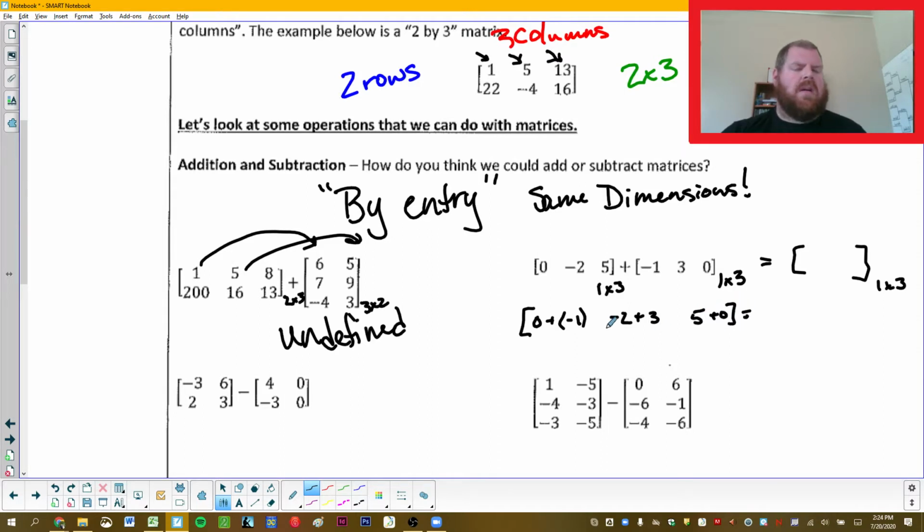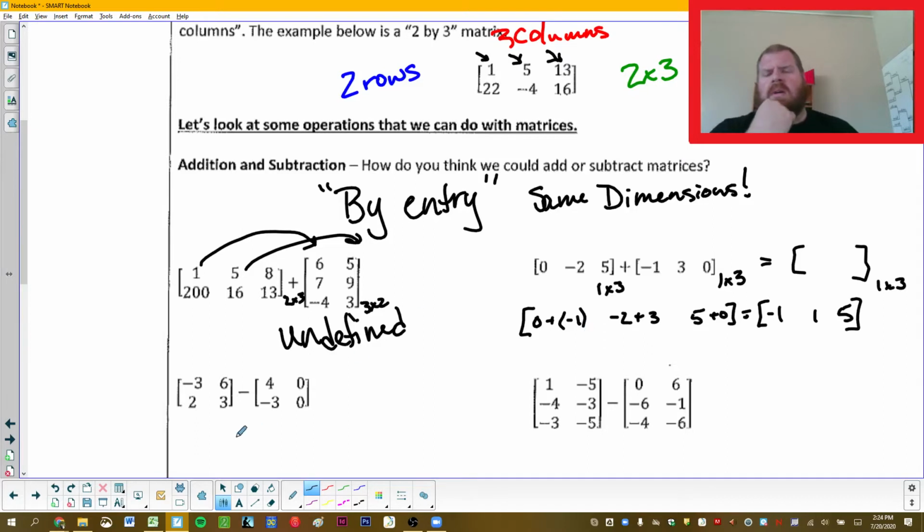That's what we're going to get as our sum of these two matrices. So we get -1, 1, 5. You don't have to do this every time. I think you should be able to just eyeball it and figure out what you're going to get.